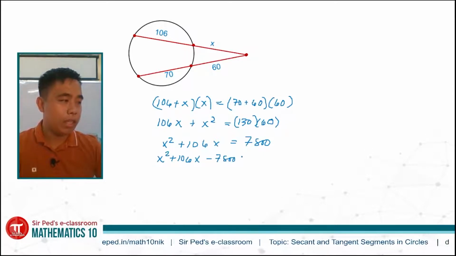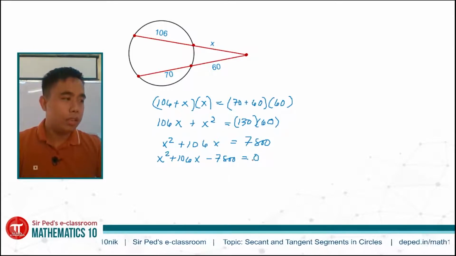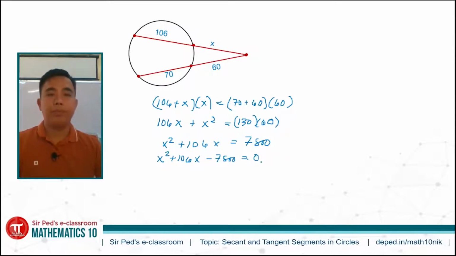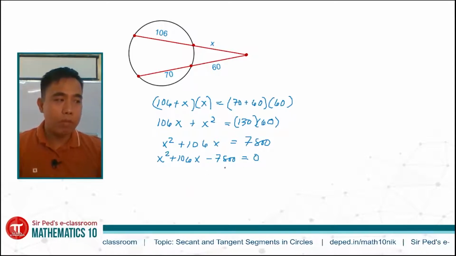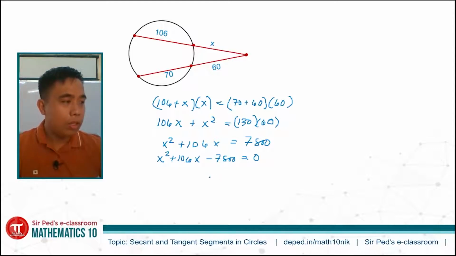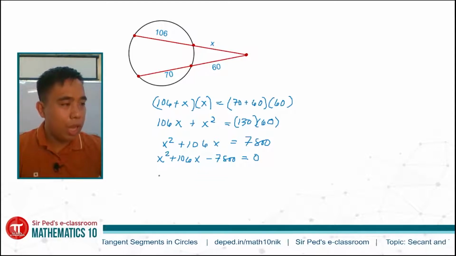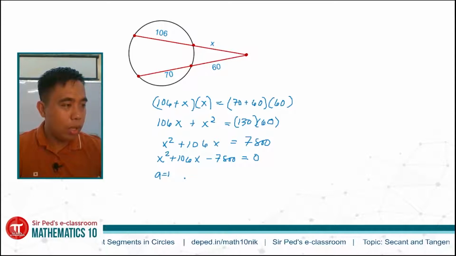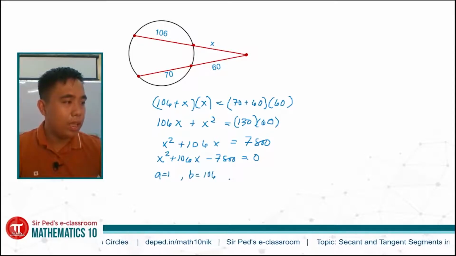Lagay natin sa left side ng equation, equals 7,800 equals 0. Then, we can solve this by factoring, completing the square, or quadratic formula. Sige. Gamitin na lang natin yung quadratic formula. So, our A is equal to 1, B equal to 106, and then C equal to negative 7,800.